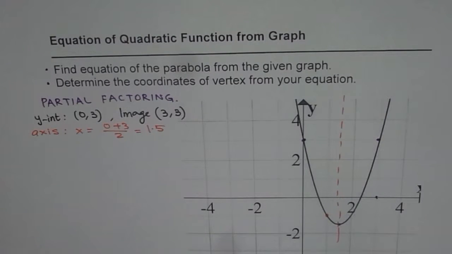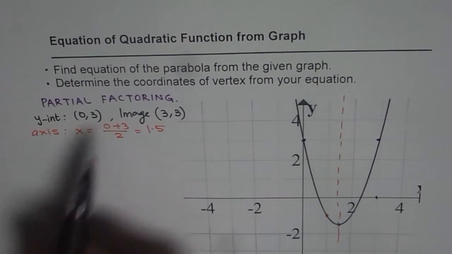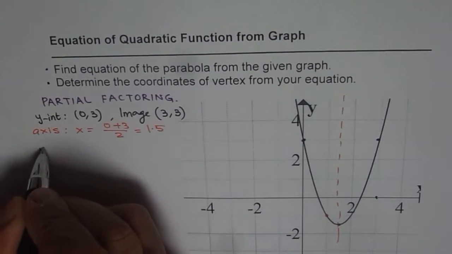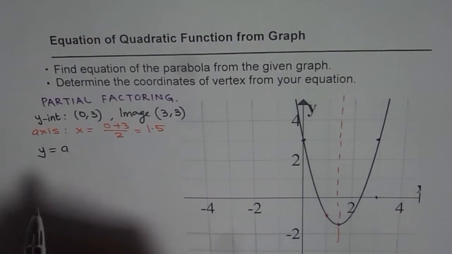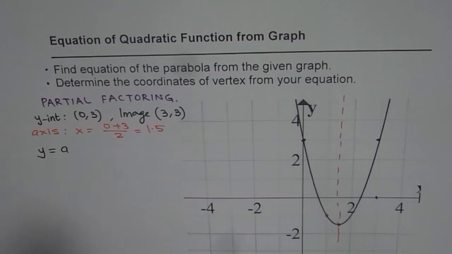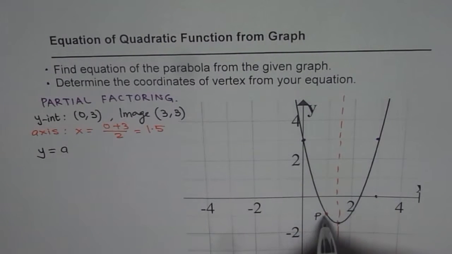So these are our initial calculations to start with, and now let me write down the equation of the parabola in partial factored form. So we can write this as y equals a times, and we'll find the value of a using one of the points. We'll find the value using this point, which is at 1 and minus 1.